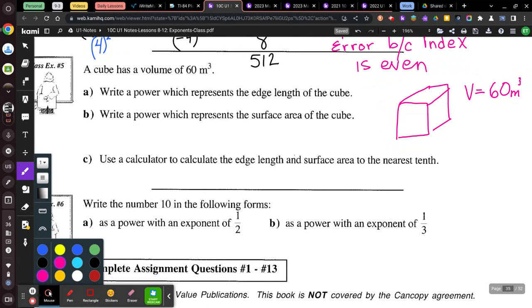So that means my length, my width, and my height of my cube have to all be the same number because it's a perfect cube. So that means I am cube rooting 60. I need to cube root 60.